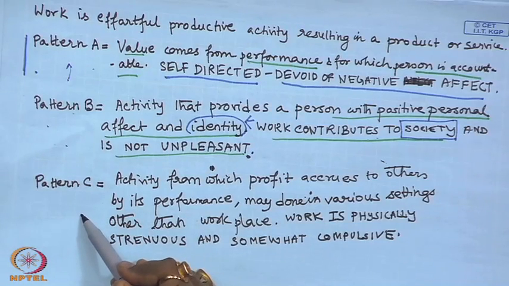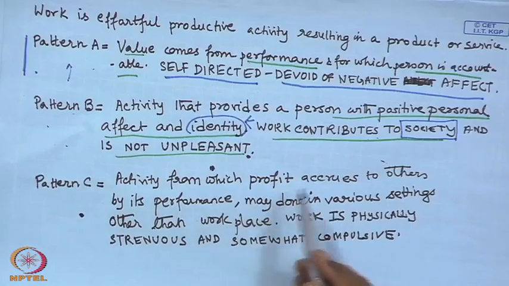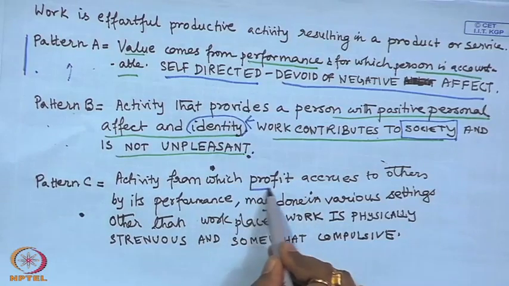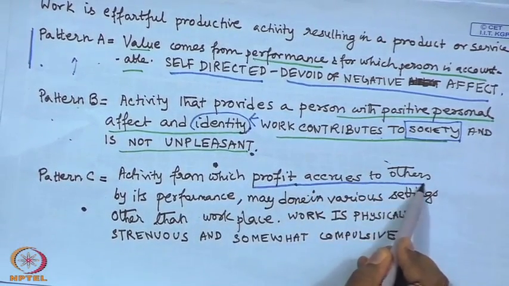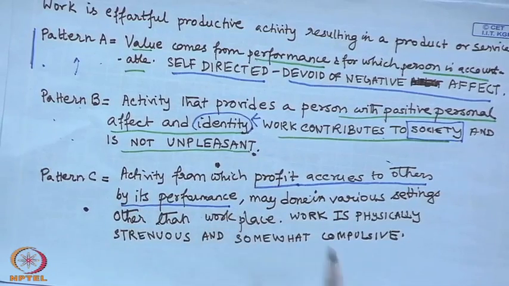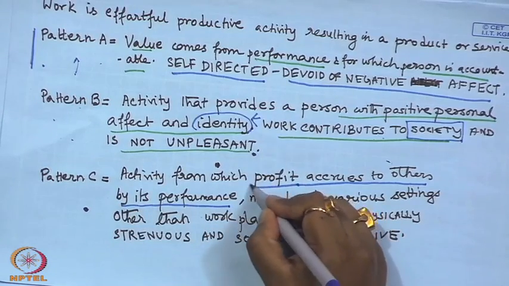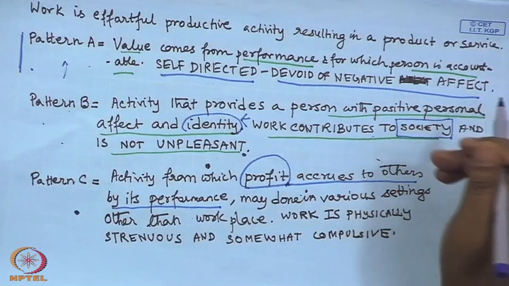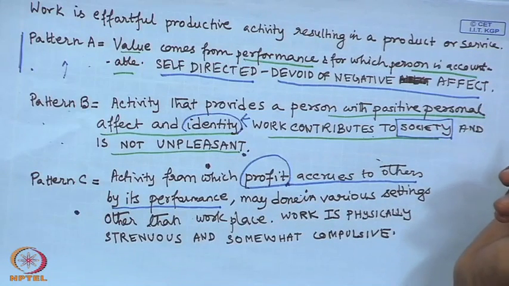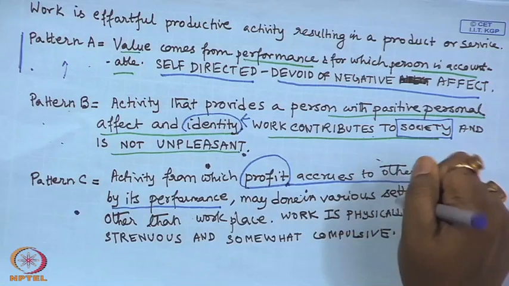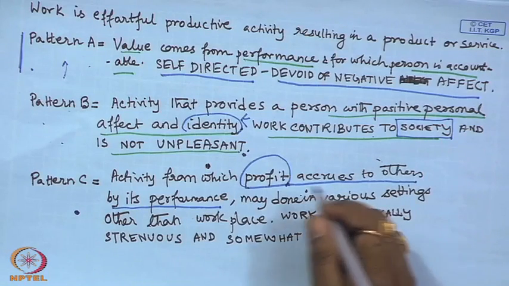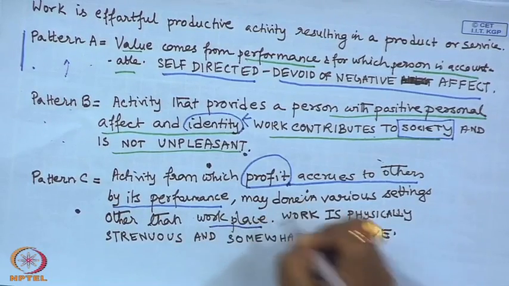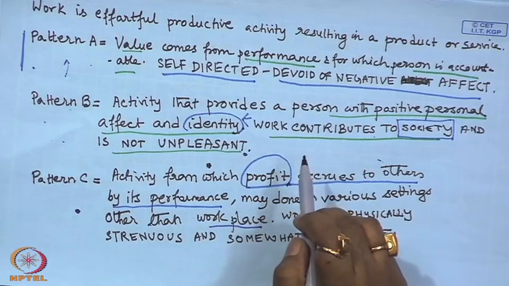When you talk of pattern C, it is the activity from which profit accrues to others by its performance. So it is more oriented towards the profit perspective, and it may be done in various settings other than the workplace.